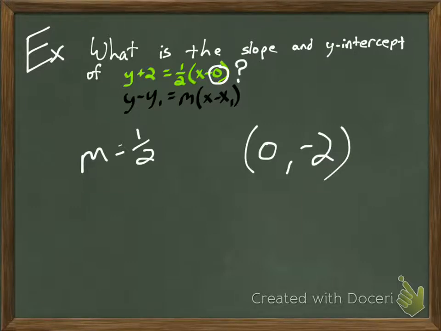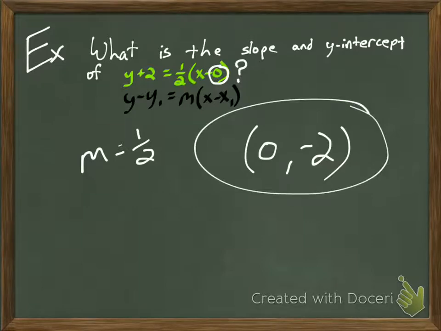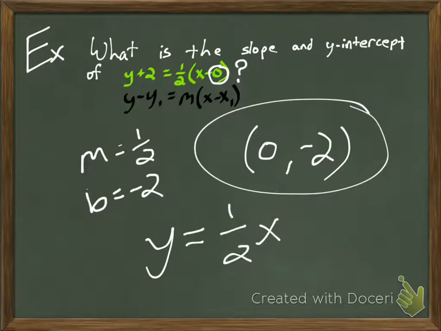So you got to be careful right there. So look, this is my y-intercept. It's negative 2. Because when x is 0, that means it crosses the y-axis. It's in the middle of the number line for the x-axis. So if I want to write this in slope-intercept form, I could write it now. That's it. That's all you have to do.